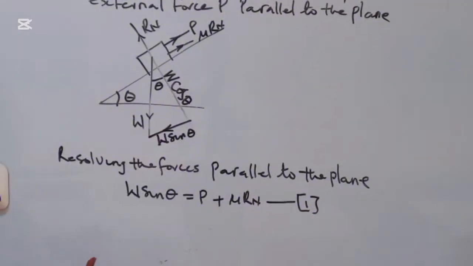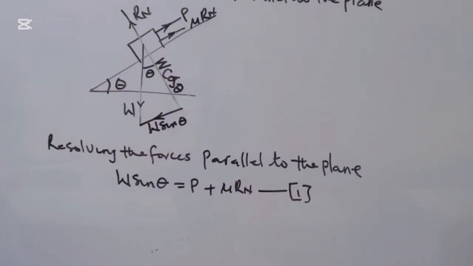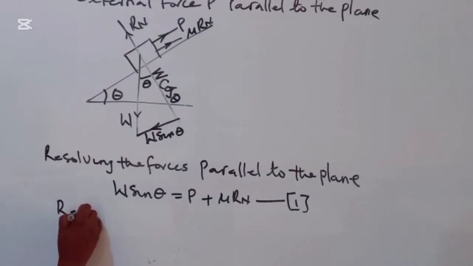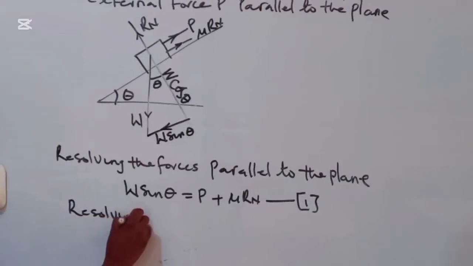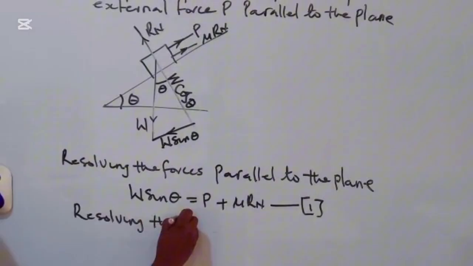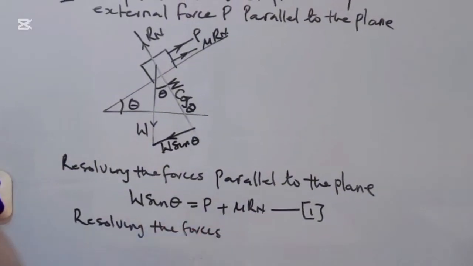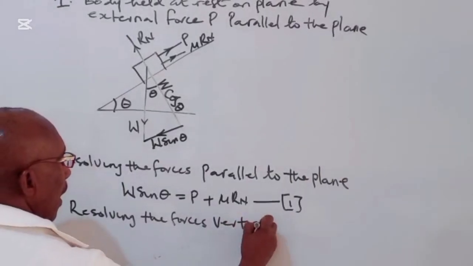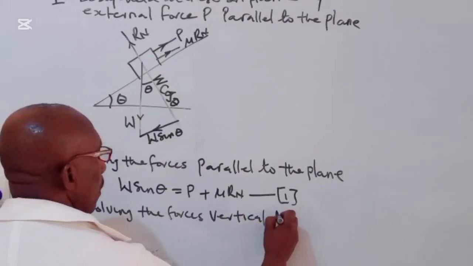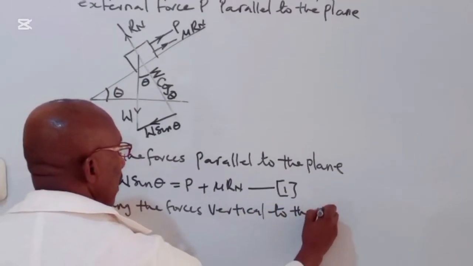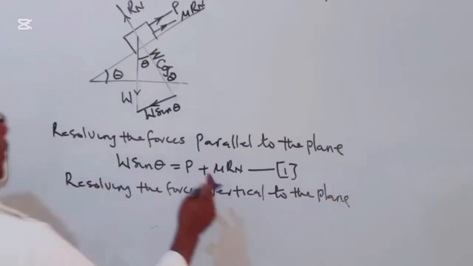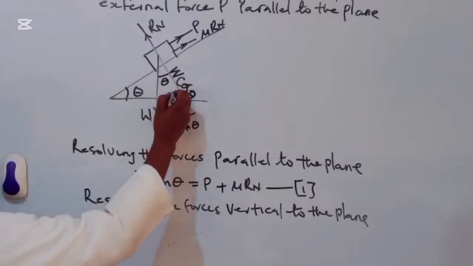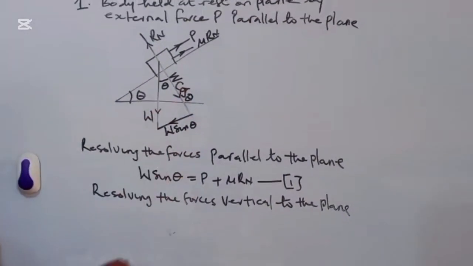Now let us resolve the forces perpendicular to the plane. We have the normal reaction acting upwards equal to W cos theta acting downwards.